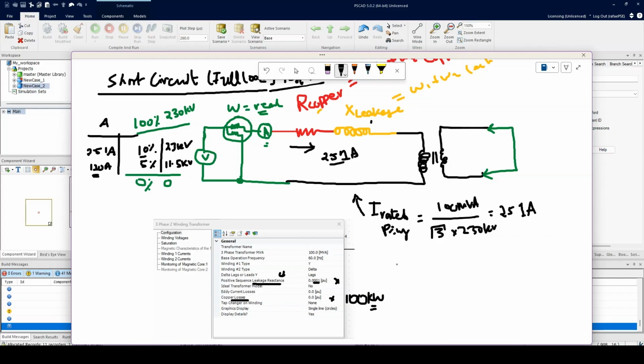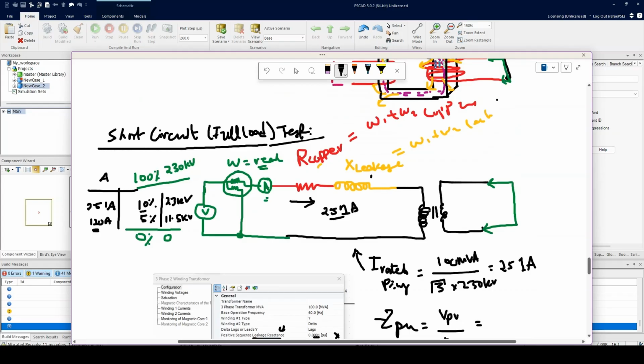So if you do a quick math, we know that ZPU is equal to voltage per unit divided by I per unit. In this case, the circuit is very simple. If I skip all of this stuff, what we really have at this level is a 23 kV source, and we have a current of 251 amps.